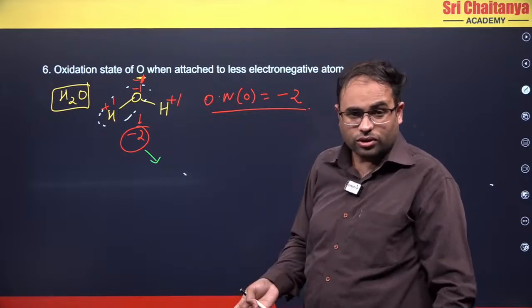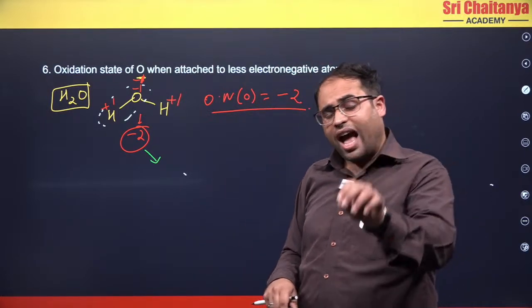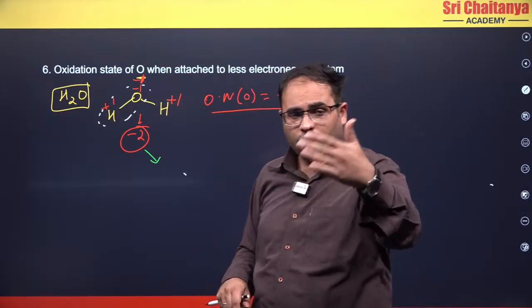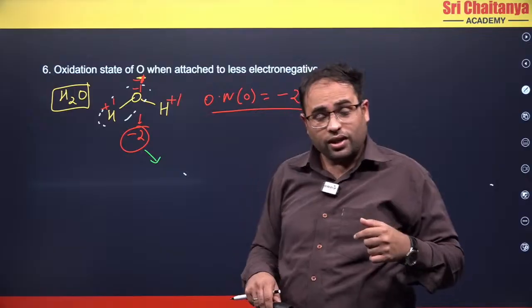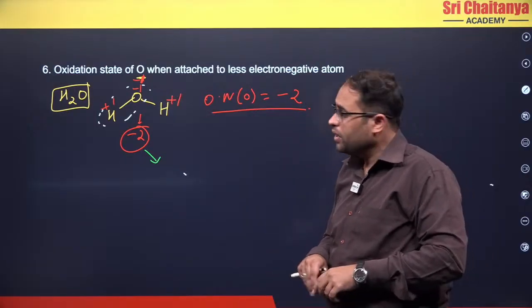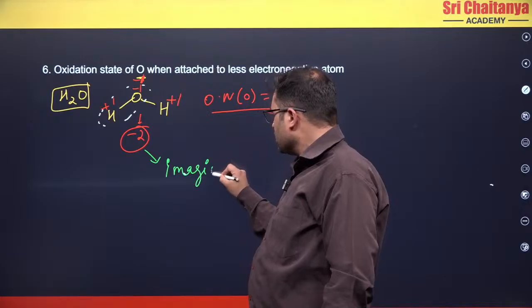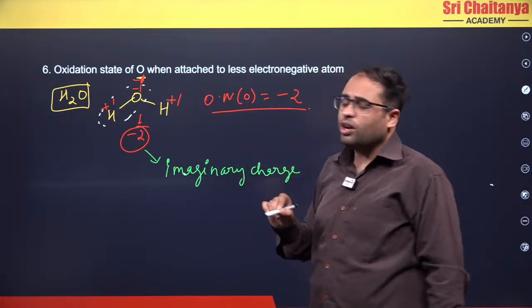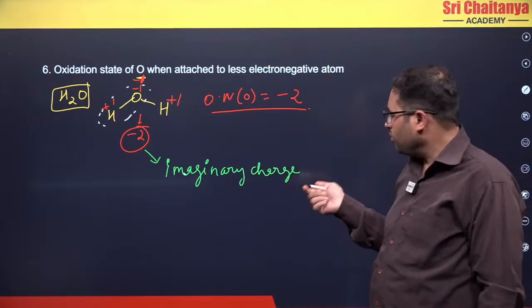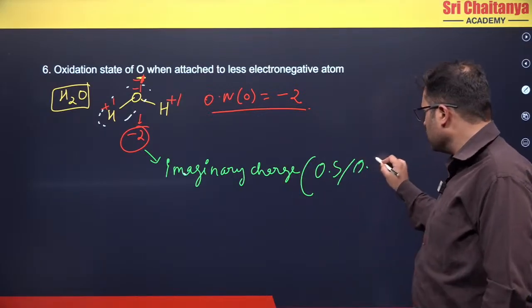There is no charge on oxygen as such. It is just for our satisfaction, and you will see that as you move on and we do reactions, this helps us in telling whether oxidation or reduction has occurred, right? So this is an imaginary charge. Whether it is real or imaginary, it is still called the oxidation state or oxidation number.